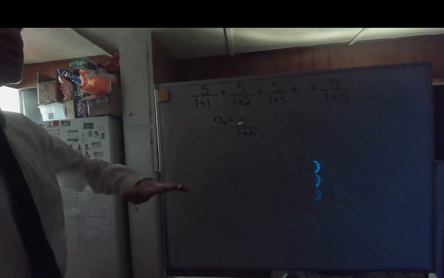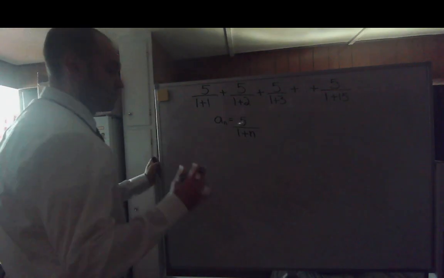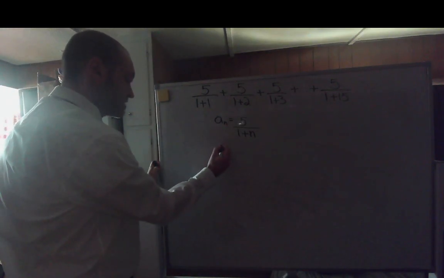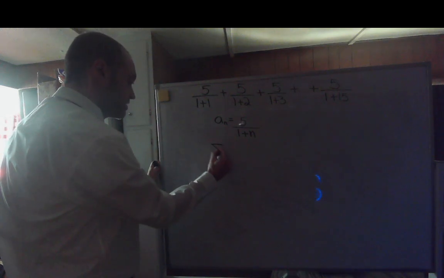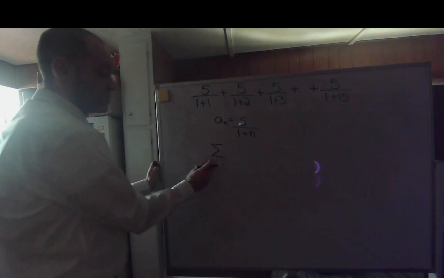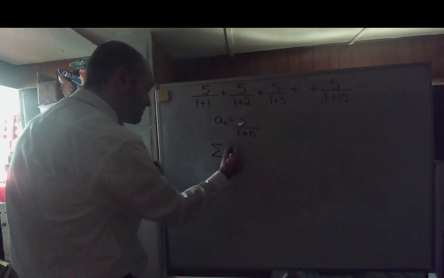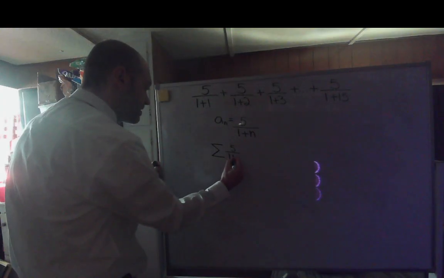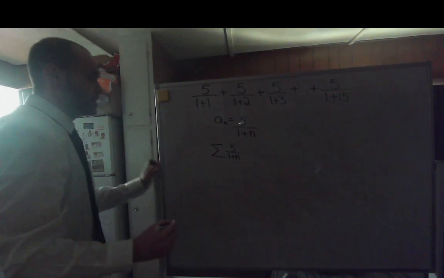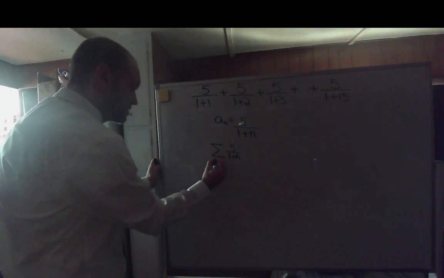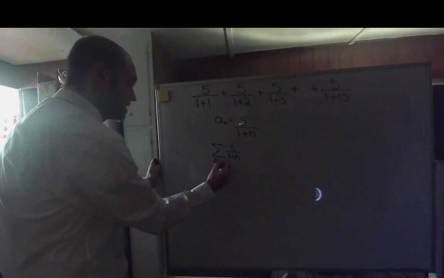Now we need to find the sum formula. So to find the sum, take your sigma notation. There's your sigma of this a sub n, so that's going to be 5 over 1 plus n. And then you start at n equals 1, that's your index of summation.